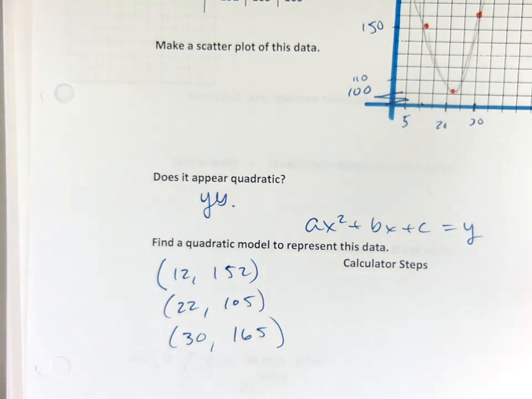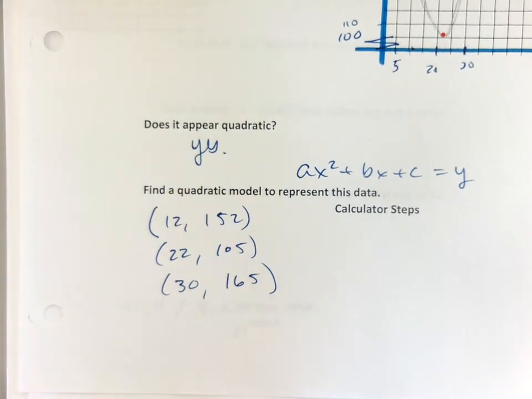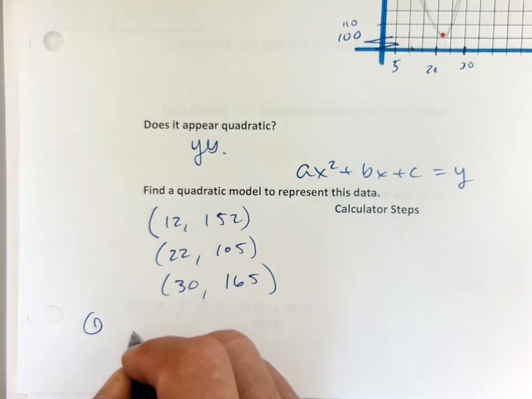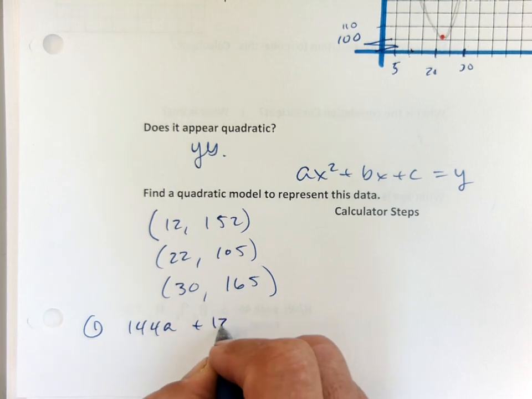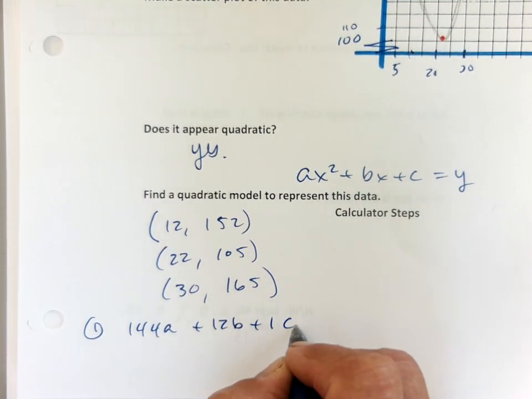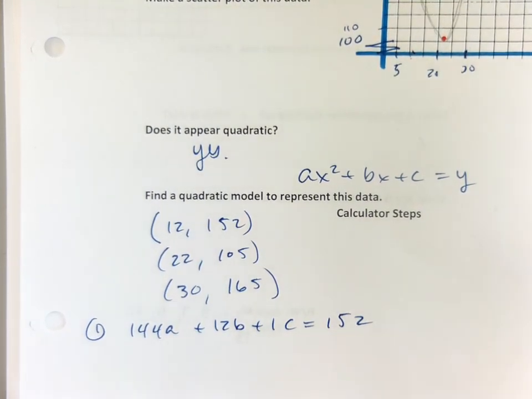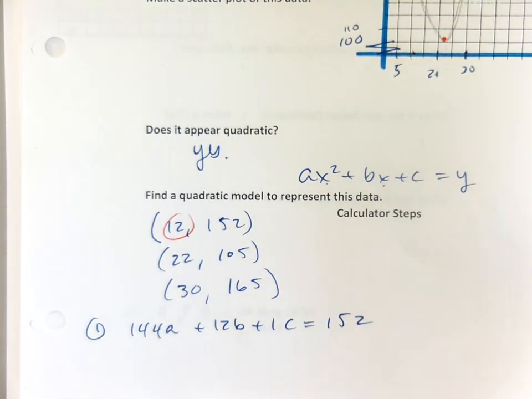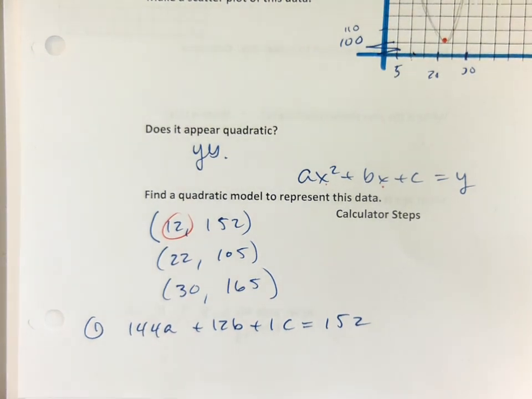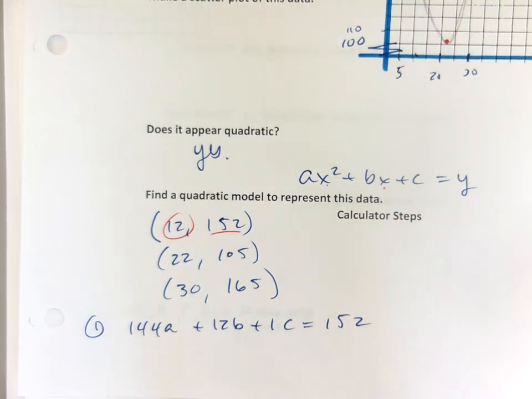And we created 3 equations, right? And the 3 equations we created, equation 1: 144a plus 12b plus 1c equals 152, by plugging 12 in for x and 152 in for y, right?